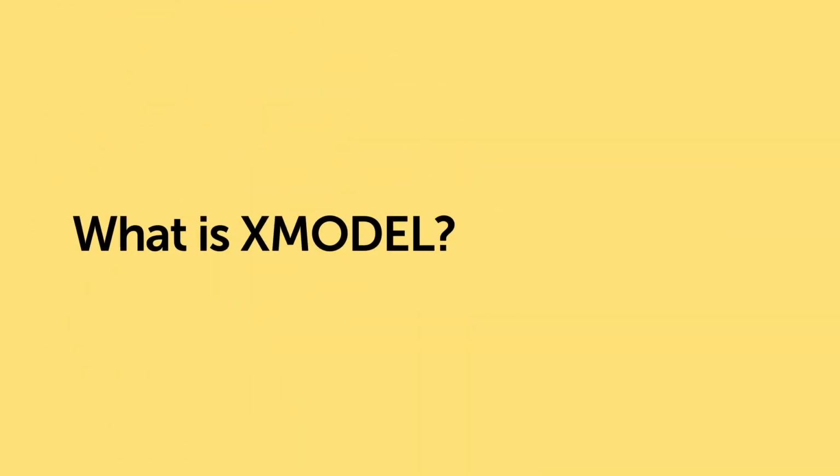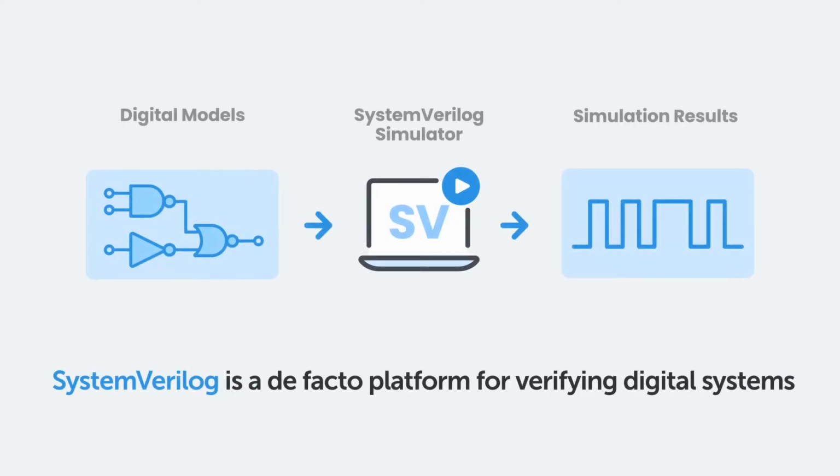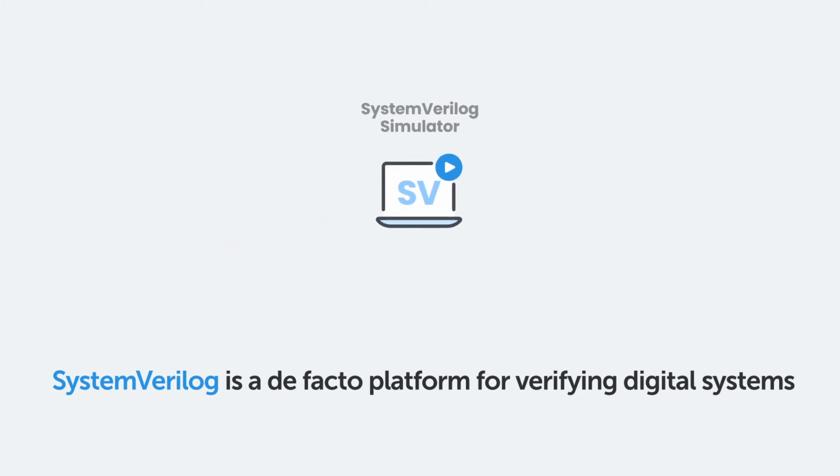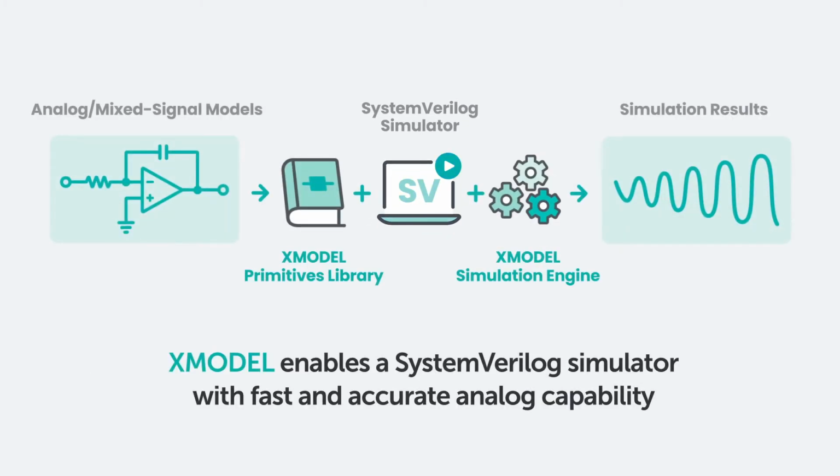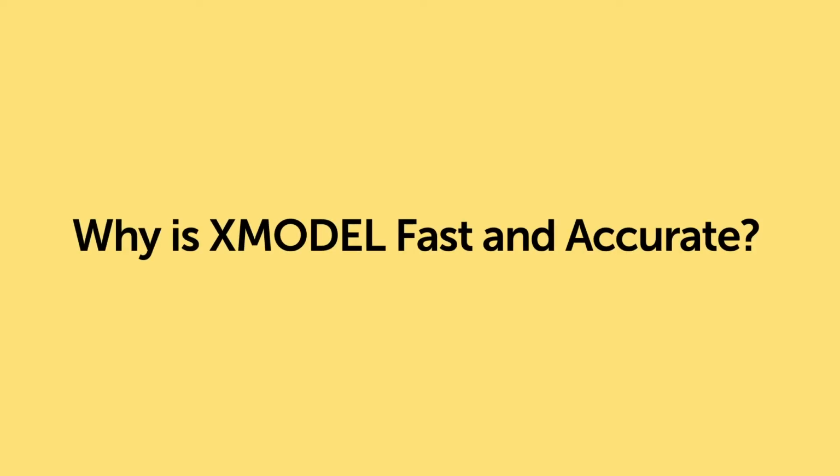What is XMODEL? Today, SystemVerilog is a de facto platform for verifying digital systems. XMODEL enables a SystemVerilog simulator with fast and accurate analog capability. Why is XMODEL so fast and accurate?